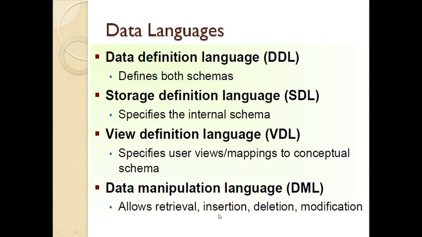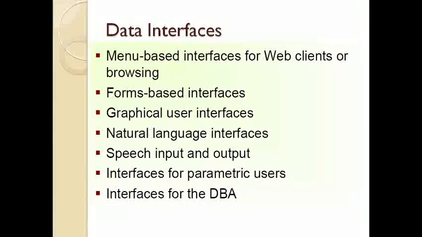Those statements will be handled by the data manipulation language, that is DML. It includes different statements such as retrieval, insertion, deletion, and modification. So these are the different data languages.